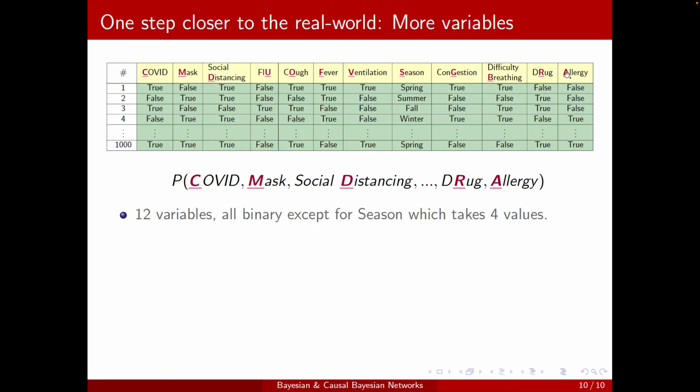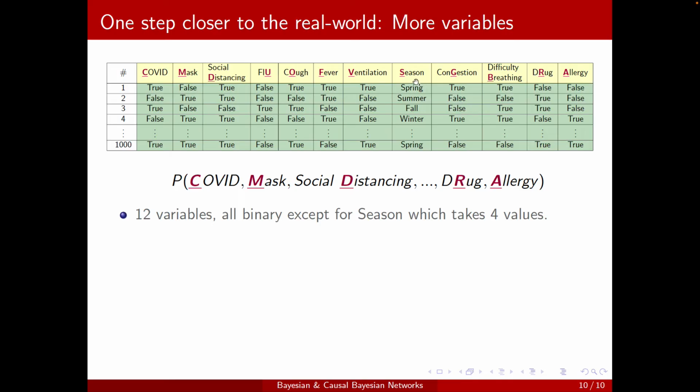Well, in this case, they're not many. They're just 12 variables. So COVID, mask, social distancing, we already had. But now imagine that we also have collected data on the individuals, whether they had flu or cough or fever, whether they had a proper ventilation system, what was the season.